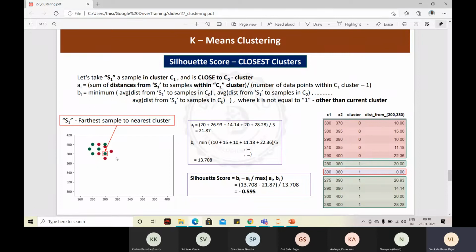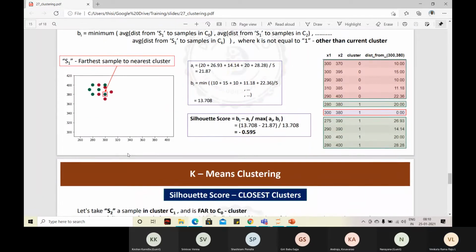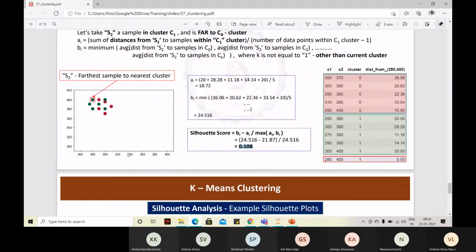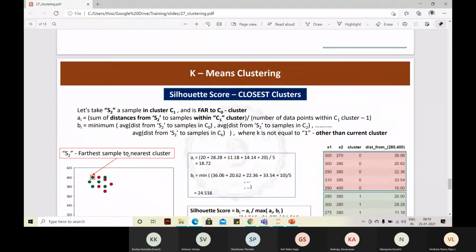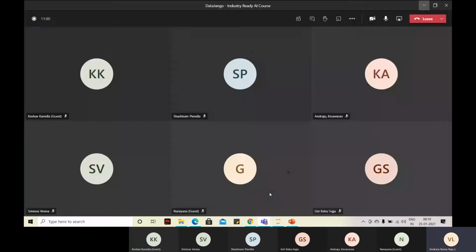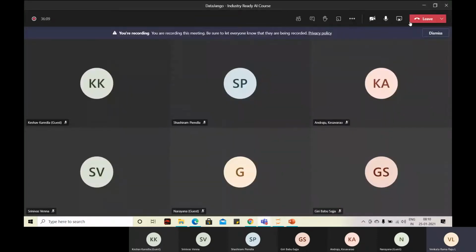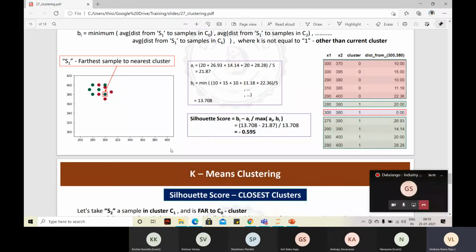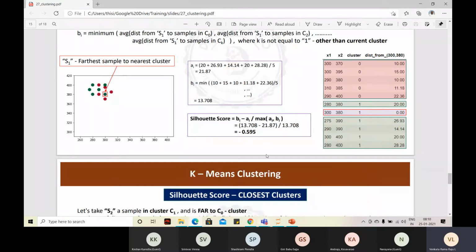Is that number going to be close to 1, 0 or 1, guys? Is that ultimate score going to be close to 0 or 1? Close to 0, right?